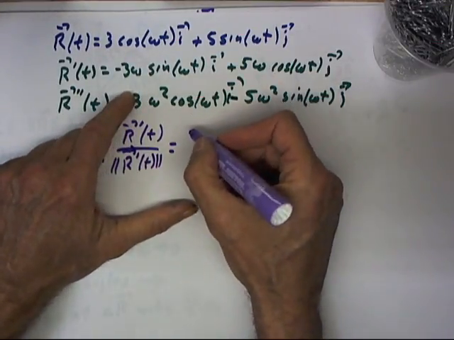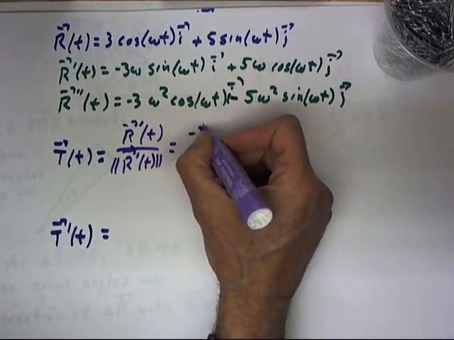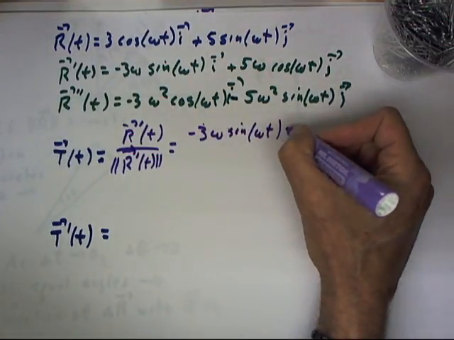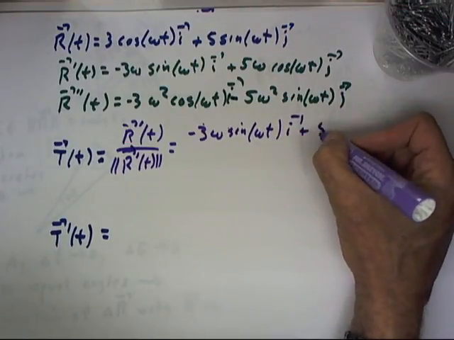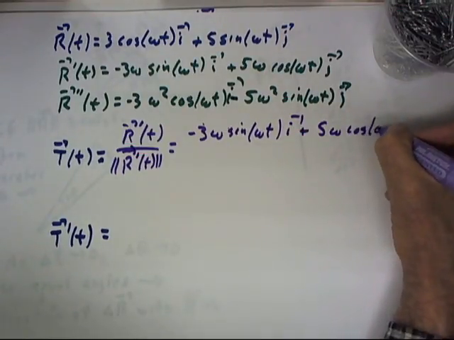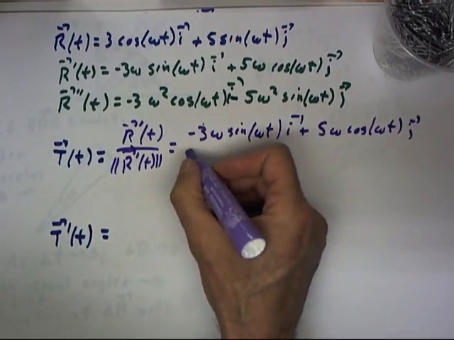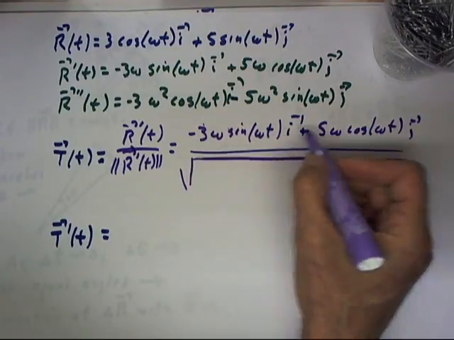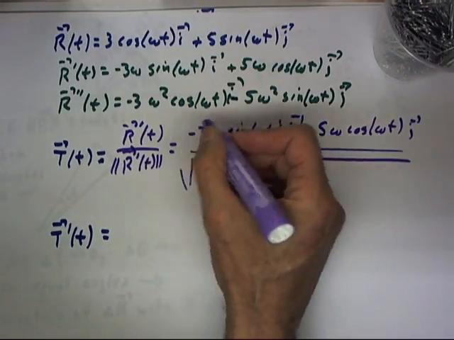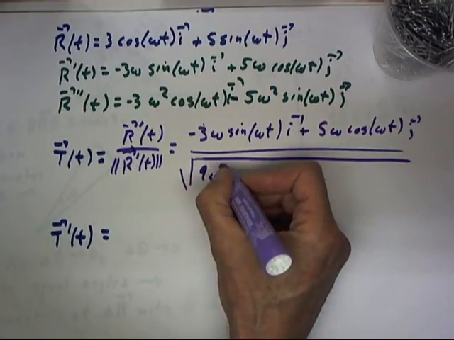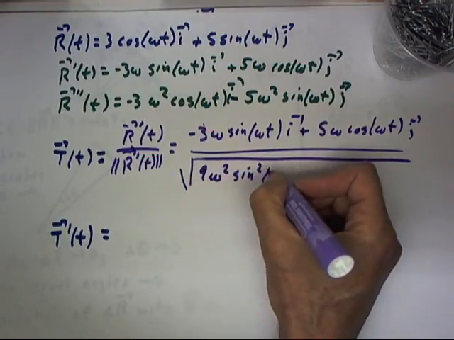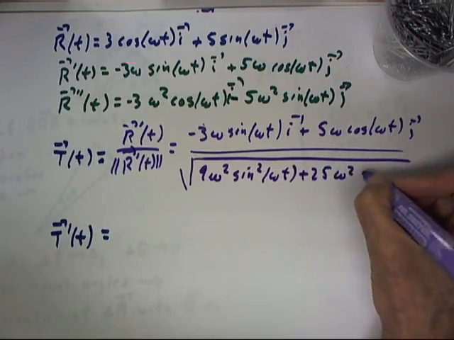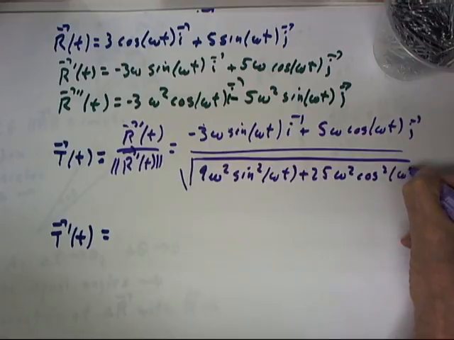Well, we have our negative 3 omega sine of omega t i plus 5 omega cosine of omega t times j divided by the square root of the sum of these squares. That's going to be the square root of 9 omega squared sine squared of omega t plus 25 omega squared cosine squared of omega t.